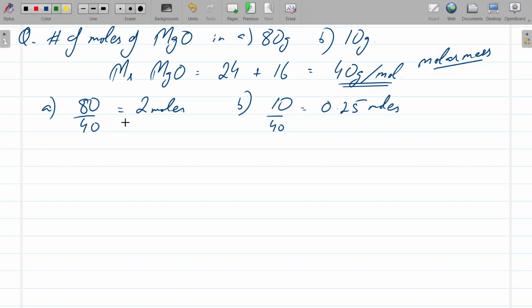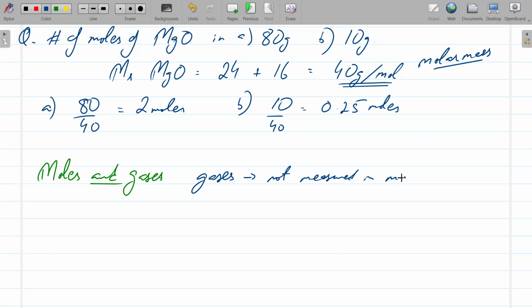Okay. Next up, since we have time, is the concept of determining the moles and volume of a gas. Moles and gases. And so why are we talking about this? We're talking about this because gases are generally not measured in mass, but they are measured in volume.